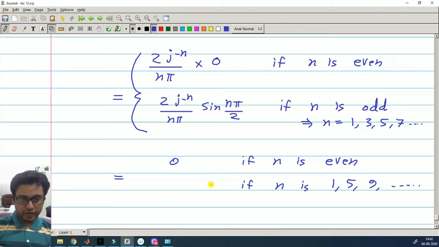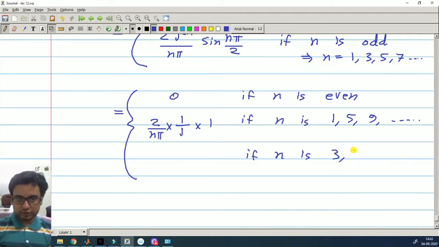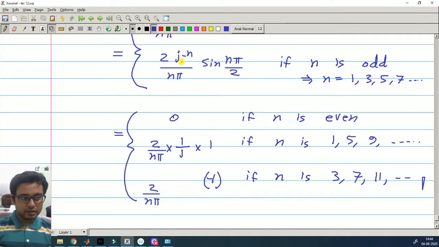Okay, so we will have plus 1 and then 2 by n pi, and this will be 1 over j, and then if n is 3, 7, 11, etc., in that case sine n pi by 2 will be minus 1, then this 2 by n pi as it is, and this j to the power minus n will be j.